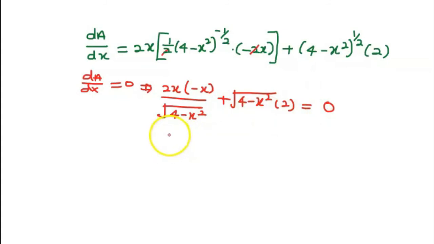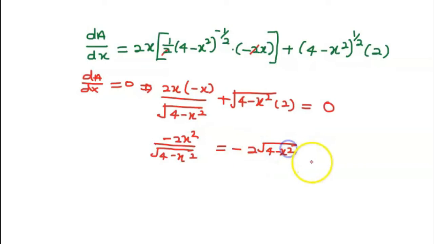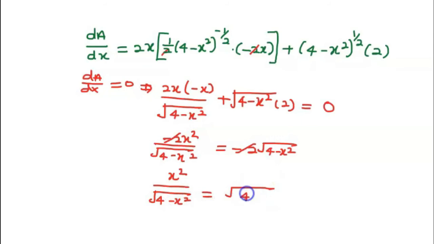And here we have negative 2x squared over the square root of 4 minus x squared equal to negative 2 times the square root of 4 minus x squared. We can cancel out the negative 2 and negative 2. Therefore, we have x squared over the square root of 4 minus x squared equals the square root of 4 minus x squared.